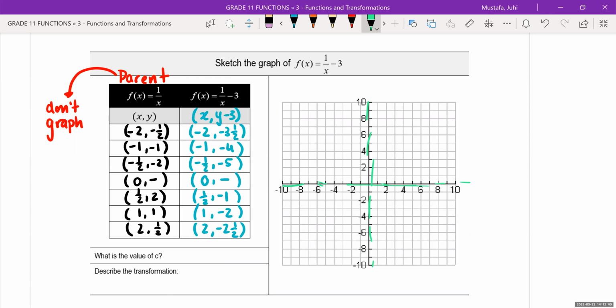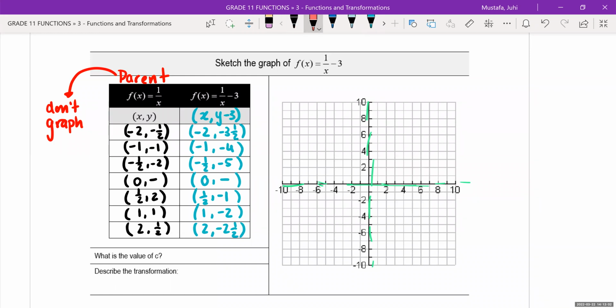However, because the entire graph is shifting down 3 units, your horizontal asymptote is going to move along with it. So the vertical asymptote is unaffected. However, your horizontal asymptote is going to move down 3 units. I'm going to show you a trick to figuring that out very quickly.